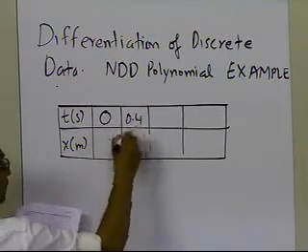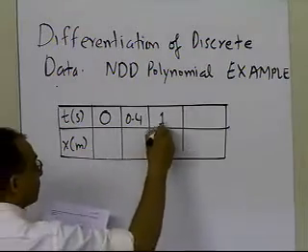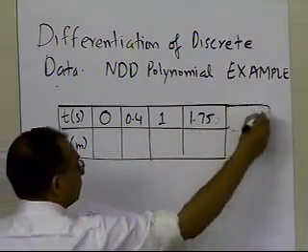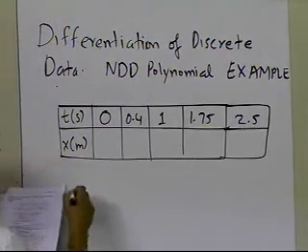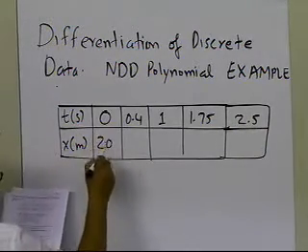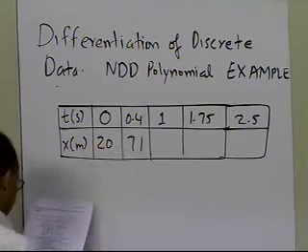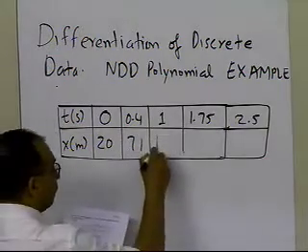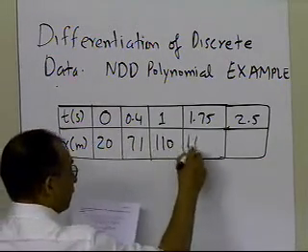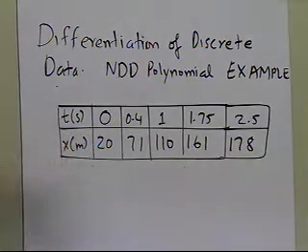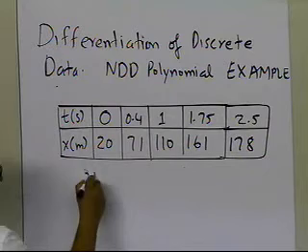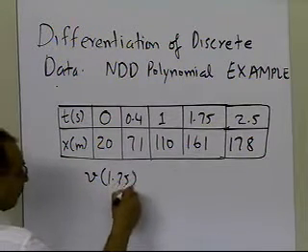At 0, the aircraft is at location 20; at 0.4, it's at 71; at 1, it's at 110; then 161 at 1.75, and 178 at 2.5. Can you find the velocity at 1.75?